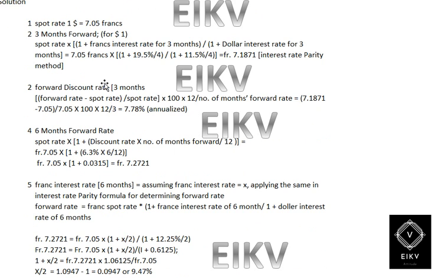So going further, for the next calculation for 6 months, by the interest rate parity theorem, it would be spot rate into 1 plus discounting rate of foreign currency.